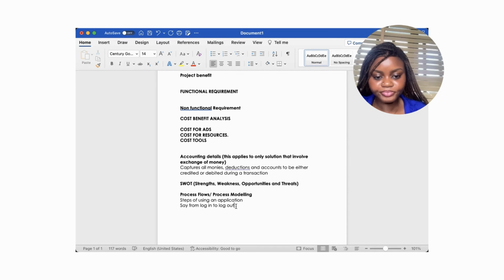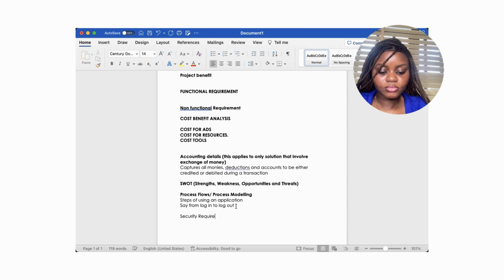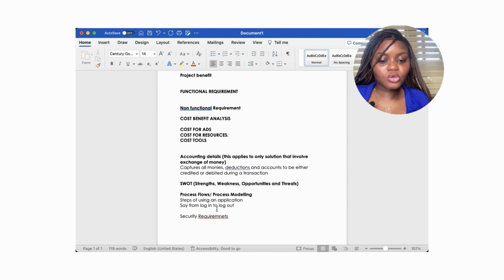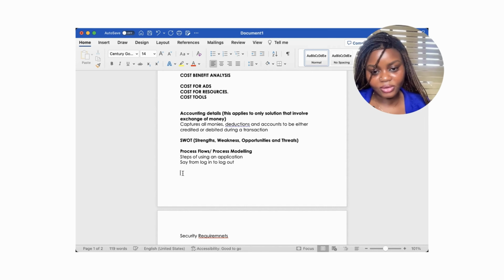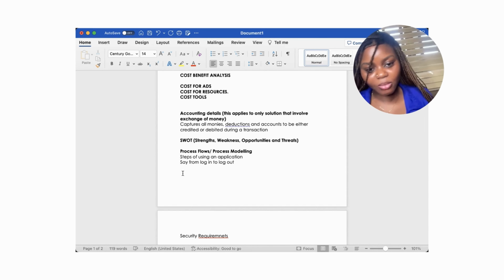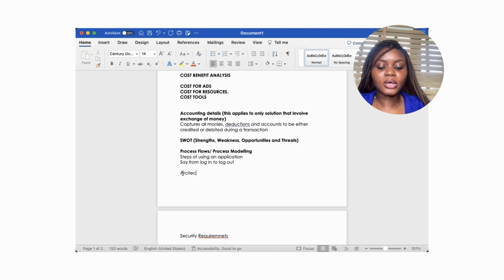All right. So there's also a part that speaks to your security requirements. Oh, before I go to security requirements, there's a part that speaks to architectural diagram, since we are still speaking about process modeling. Because it's the same tools that you use for process modeling that you also use for architectural diagram.